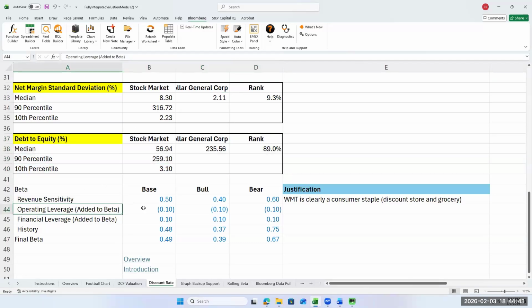So with Dollar General, their margins are very stable, so I'm going to take beta down by 0.1, but their debt is really high, so we're going to take their beta up by 0.1. It's essentially a wash. So very stable margins, but very high debt. So essentially those two are going to wash. How much fixed costs do they have? How much operating leverage do they have? Very, very low as you would expect, but they're carrying a lot. I mean, that's really high debt, 235% debt to equity versus the stock market.